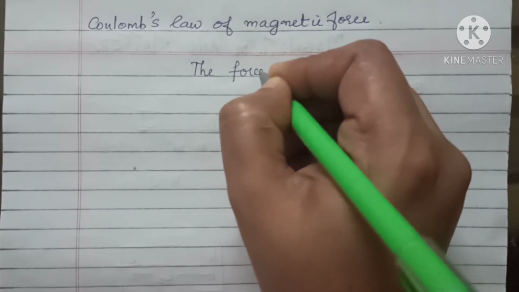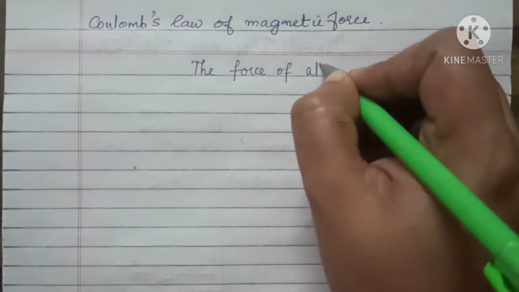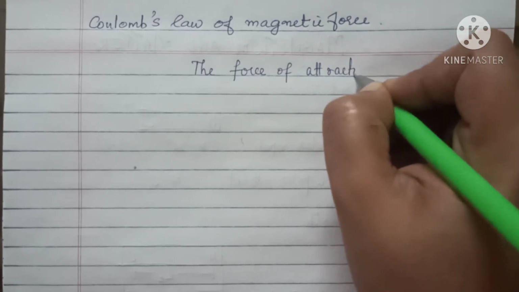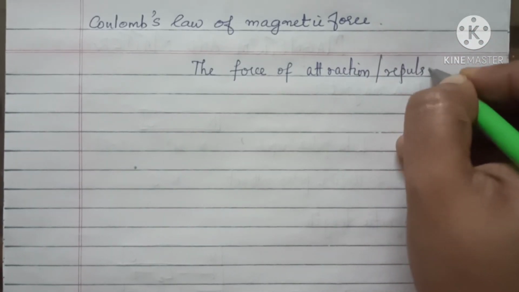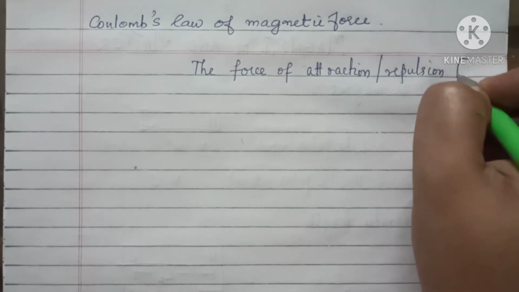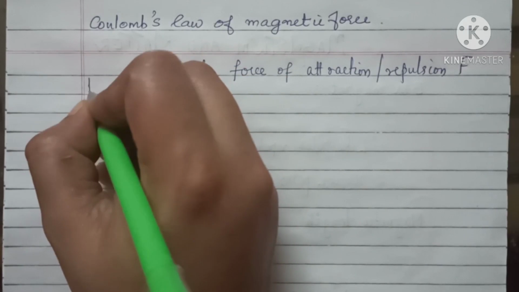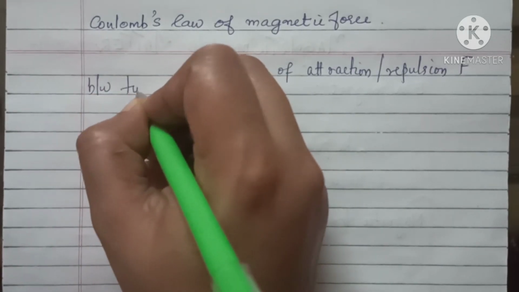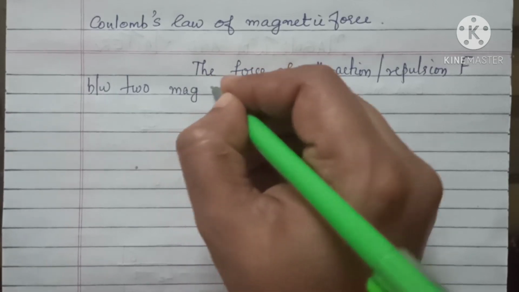So here we are stating, please listen to the statement. The force of attraction or repulsion, which can be represented by the letter F, between two, here we are expressing the magnetic poles, isn't it?